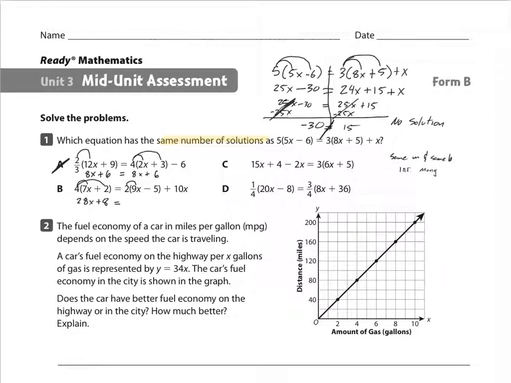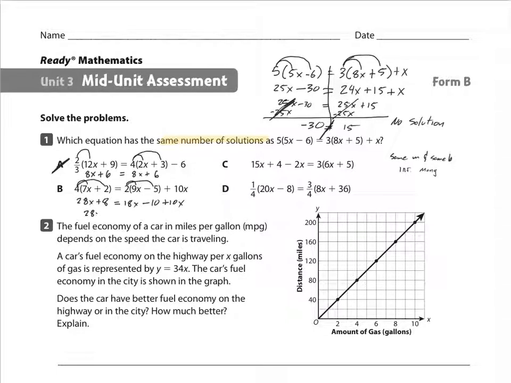That's going to give you 18x. And 2 times negative 5 is going to give you negative 10. Now we're going to add the 10x. We're going to combine like terms on the right side.